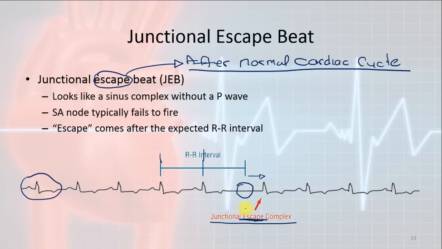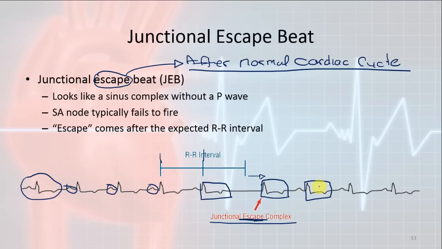How do I know it's junctional? Well, as you can see here, in every other one of these areas, there's a P wave that occurs before the QRS complex. There is no P wave that occurred before the QRS complex. Another note that you want to be very careful about is if you look at each one of those QRSs, not looking at the P wave, but if you look at the QRS and T wave, every single one of these QRSs and T waves occur almost the exact same.